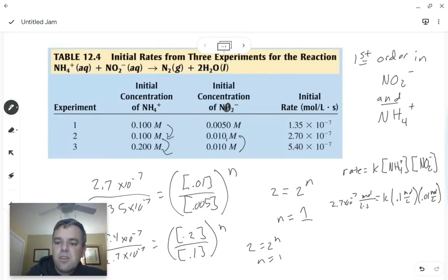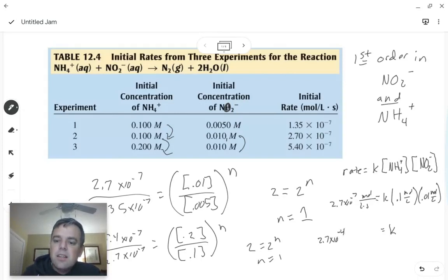And then to solve for K, we're going to take the 2.7 times 10 to the negative 7th divided by 0.1 divided by 0.01. And I'm getting 2.7 times 10 to the negative 4th.